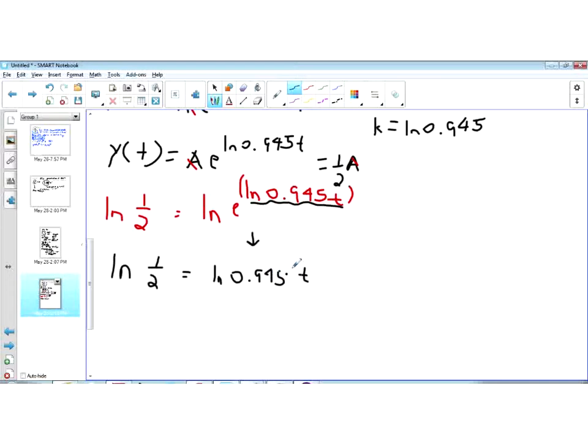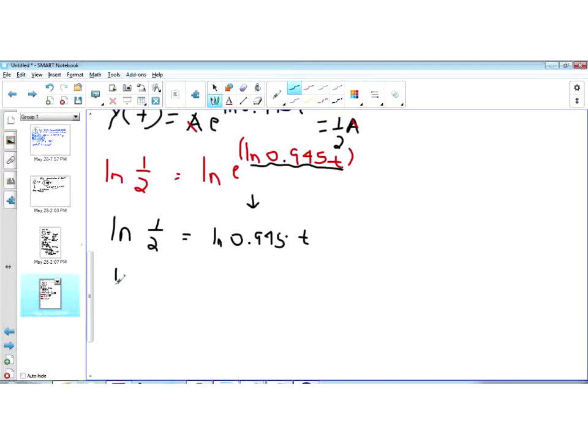Okay, so we have the natural log of 1/2 is equal to the natural log of 0.945 times t. Then we can divide both sides by the numbers. So we have the natural log of 1/2 divided by the natural log of 0.945 is equal to t, which, if you solve on your calculators, will be 12.25 years.